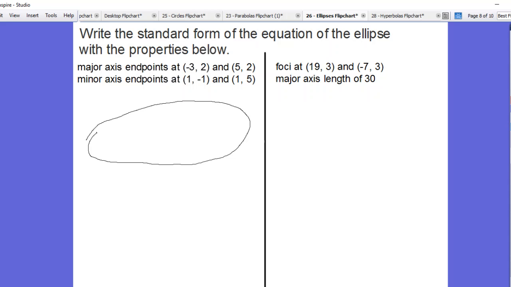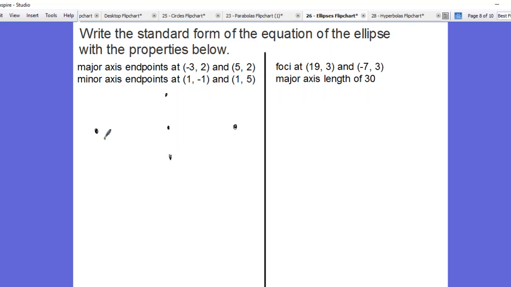Actually, before I draw that, I'm just going to try to draw this ellipse a little bit better. All right, so I have major axis endpoints at 5, 2 and negative 3, 2.